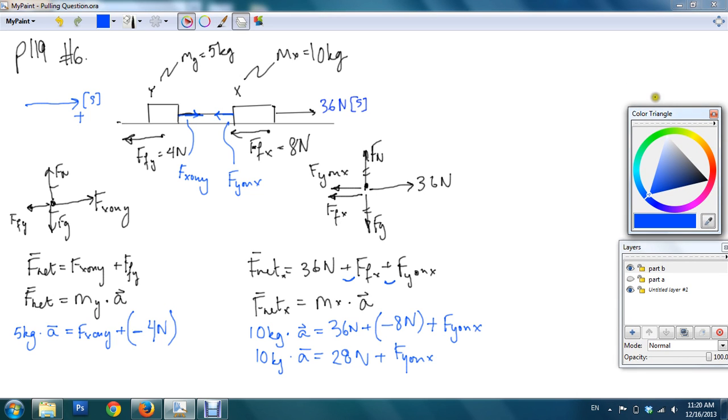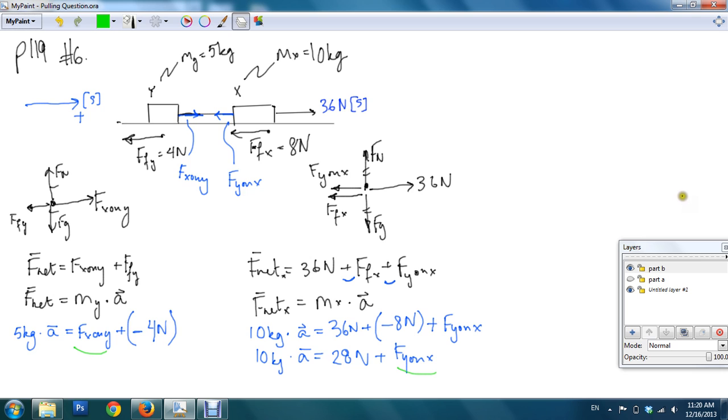And now we are in the exact same situation as we were before. We have two equations, two variables, and I'm going to use green for now just for fun. Fx on y is the opposite of Fy on X. So, how should we do this?